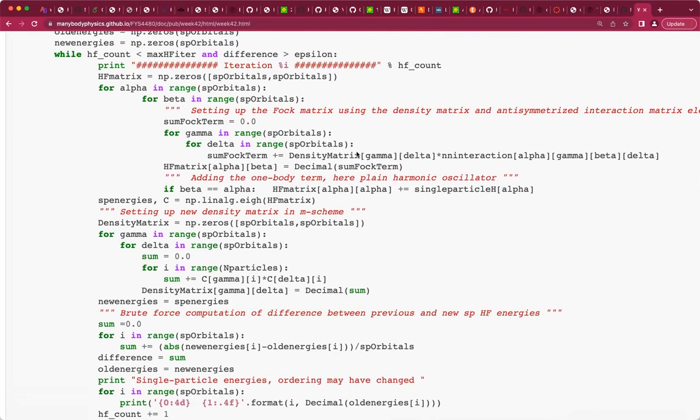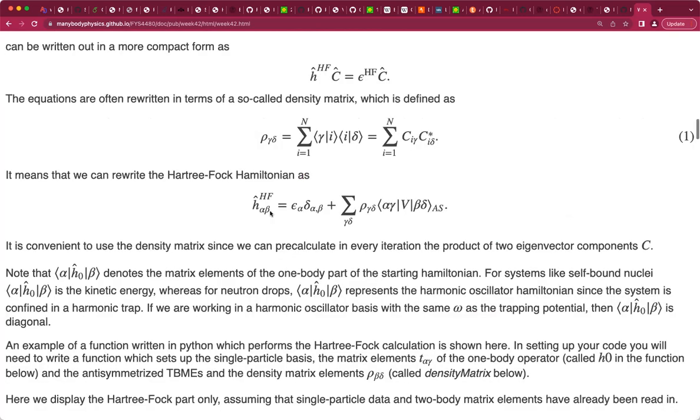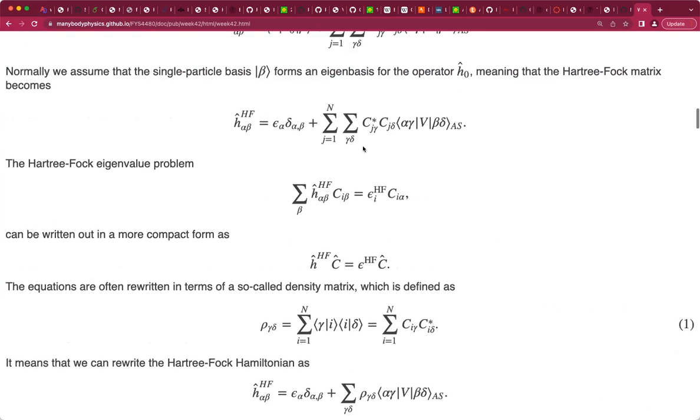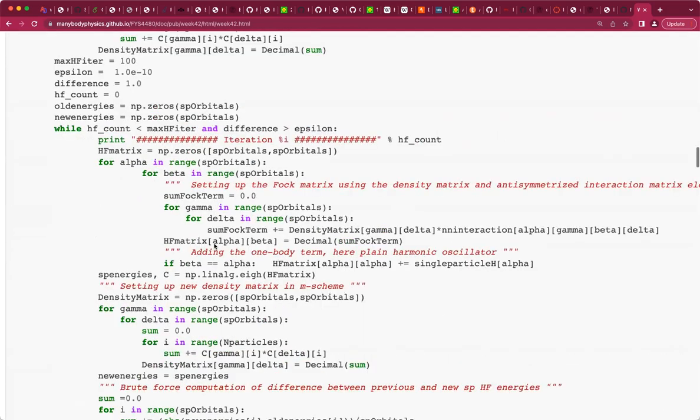So this formula, which you see here, the sum Fock term, is actually just the term which we are setting up here. And then we have the single particle piece, which comes in the if tester. If beta is equal to alpha, you add the single particle energy to the Hamiltonian. So the only thing you would need to do to use this program is to define the single particle array of energies.